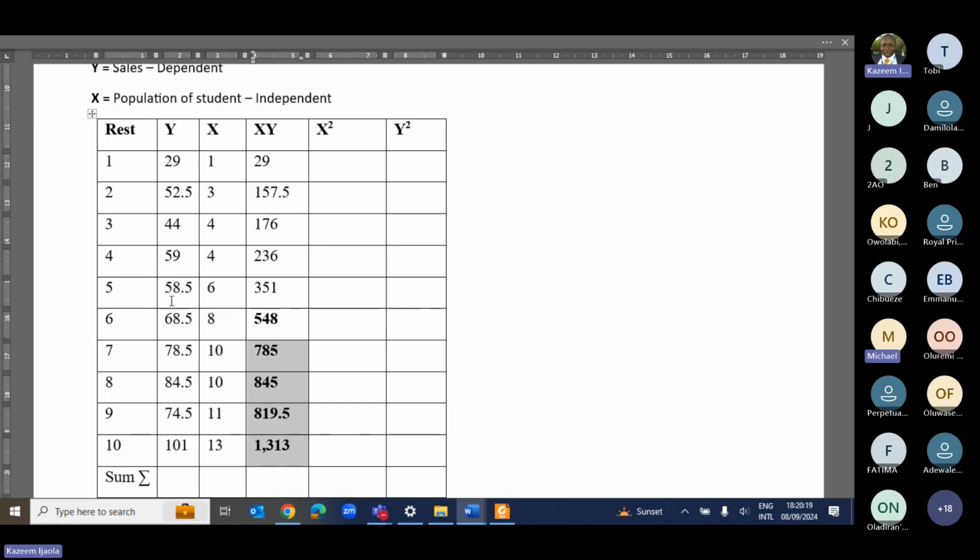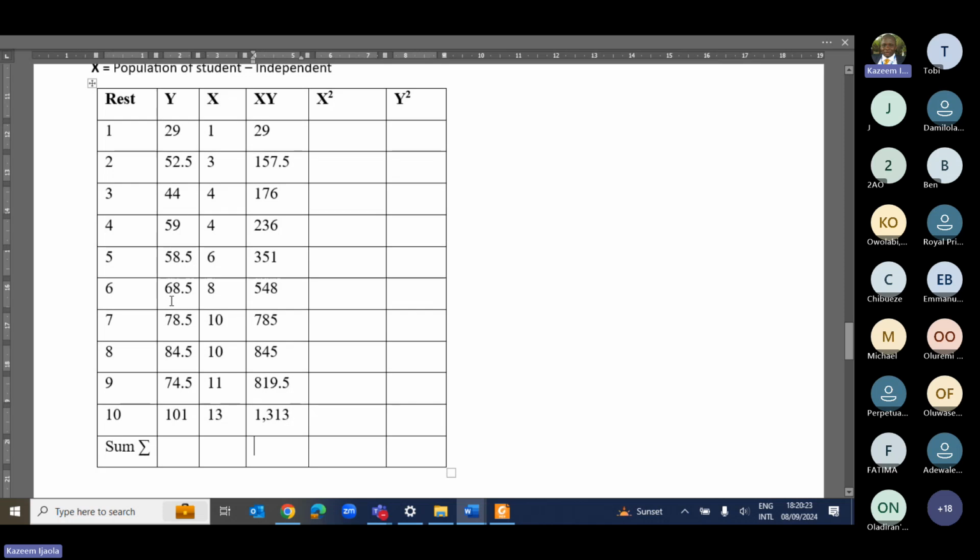Or worst case scenario, do it in parts. Can you give me the total of these three? I think the main work in this kind of question is the adding and subtraction, because if you make one mistake, it will affect everything. The formula is not a problem here; everybody knows the formula.